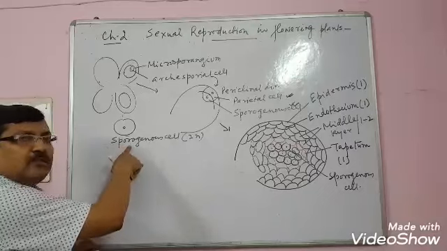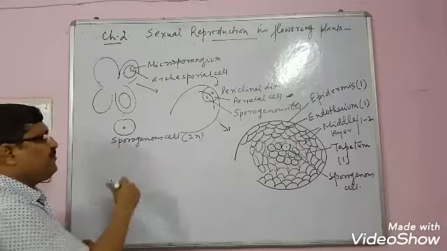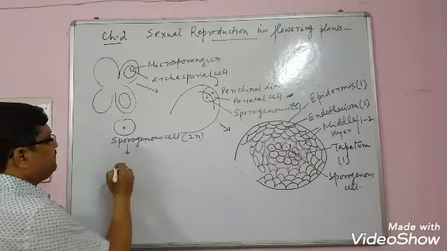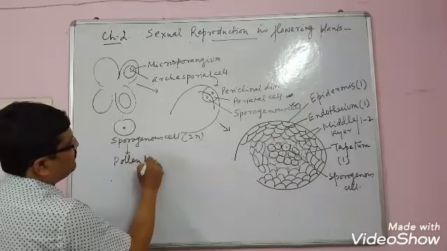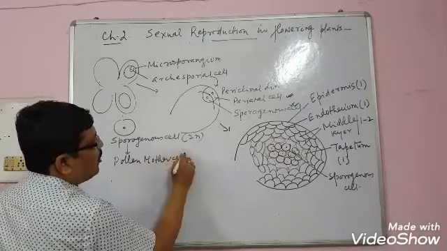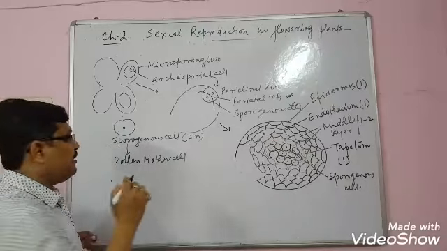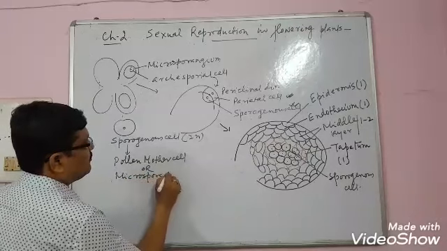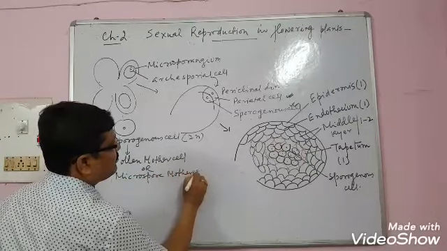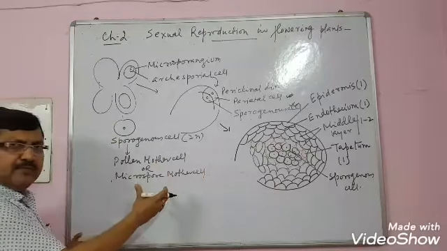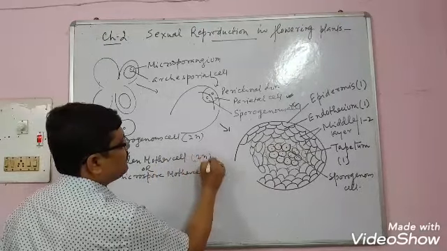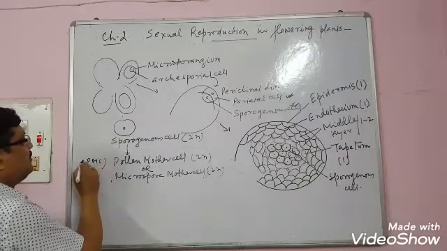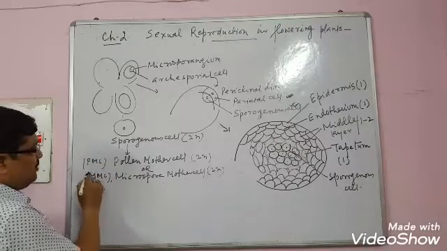But before going into meiosis, it will turn into the pollen mother cell or microspore mother cell. So both structures are diploid. In short, PMC and MMC.